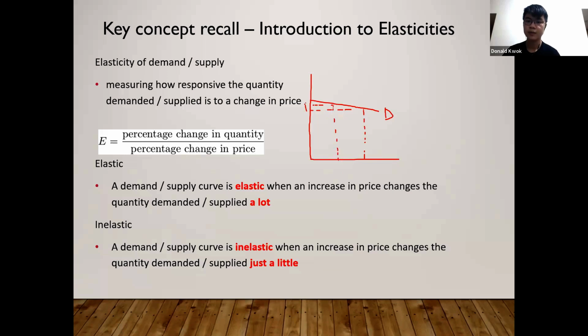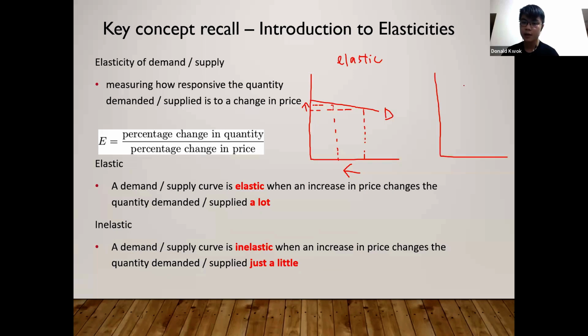With this small increase in price, as you can see in the diagram, the quantity demanded actually drops a lot, right? So this shows that the demand on this diagram tends to be more elastic. The quantity demanded changes a lot as a result of a price change, sensitive to the price change.